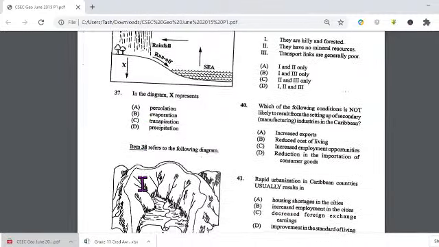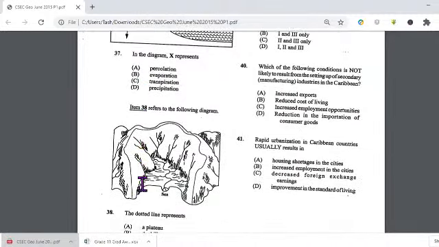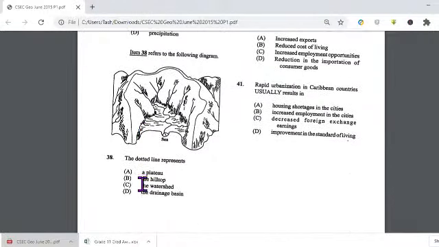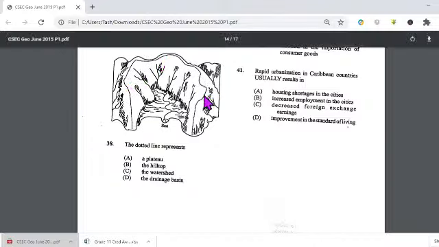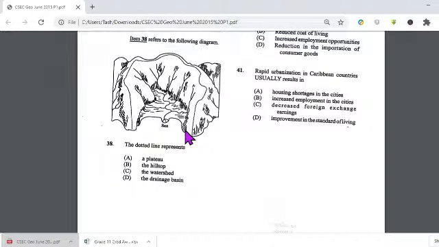So we're at number 38. This question, I think this was on the Instagram page as well, where we had asked it. The dotted line represents. So the dotted line is the line here, and we explained it as well. We were talking about basins, and we're talking about which Caribbean countries, what they call the pans that they probably wash in or something, and we all said we call it basins.